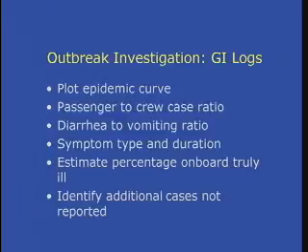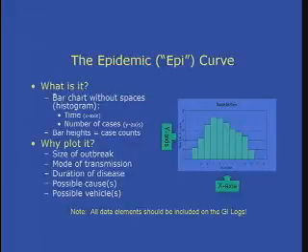Estimate percentage on board of truly ill can also be identified through the GI logs, as well as the identification of additional cases that are not reported. Also, the GI log can be used to identify additional cases that do not meet the standard operational case definition.